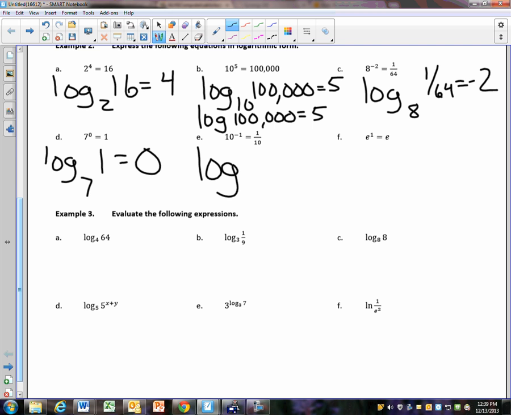Next one, log base 10. So do I have to write the 10? No. Of what number? What's the exponent? Log base e. Instead of writing log base e, I can write natural log of e is equal to 1.